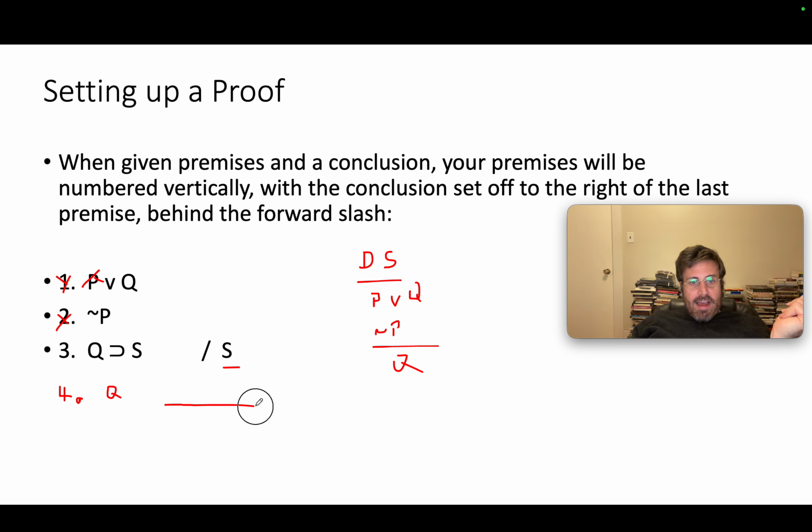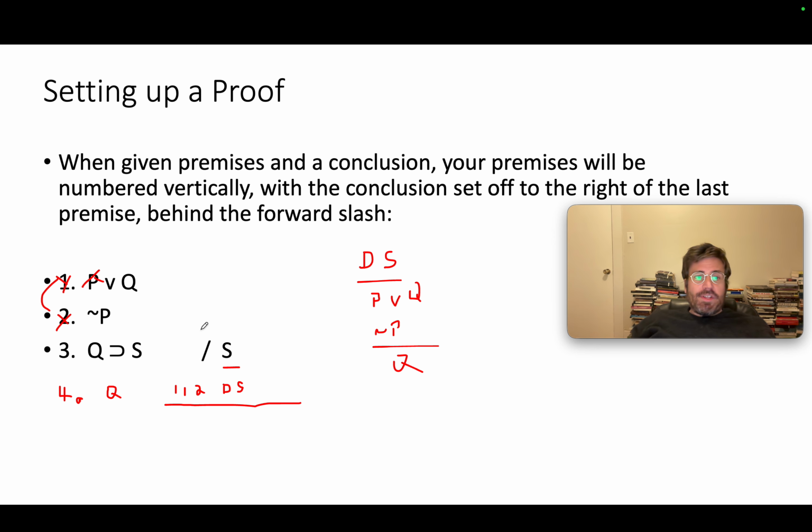So we have to have this kind of underline here to indicate that this is our citation. And I'm going to write line 1 and 2 and DS as the rule that justified that step. So we have Q in isolation here by taking together lines 1 and 2 and applying disjunctive syllogism to it.